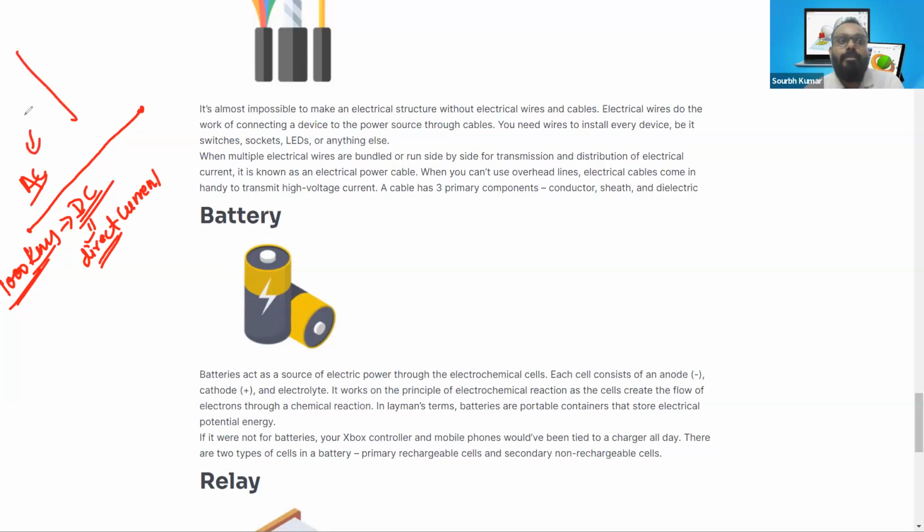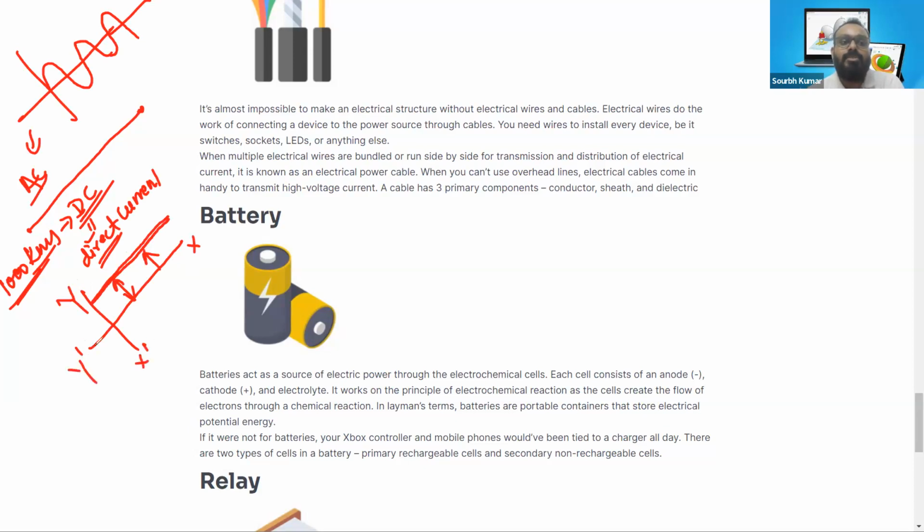And that is because if you look closely at the graph of AC, it is always changing its polarity, right? But on the other hand, if you look at the graph of DC, we can see a smooth or flat line parallel to the X axis. This one is X and this one is Y, this one is X dash and this one is Y dash.